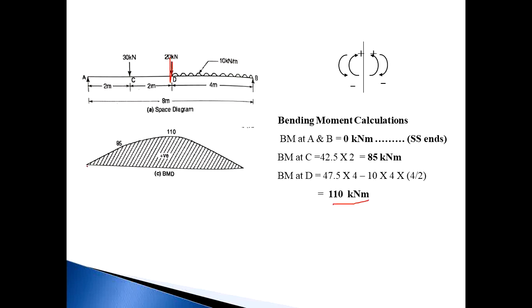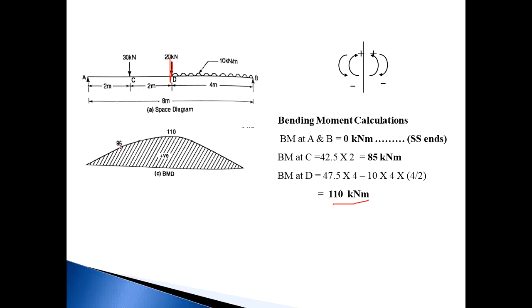So plot all points. First, the bending moment at A and B is 0. Then at C it is 85 kilonewton meter, and at D 110 kilonewton meter. Now see here carefully. There is no load between A to C. So join a straight line from A to C. Then next, from point C to D there is no load.